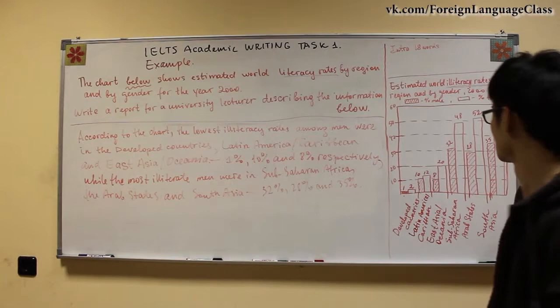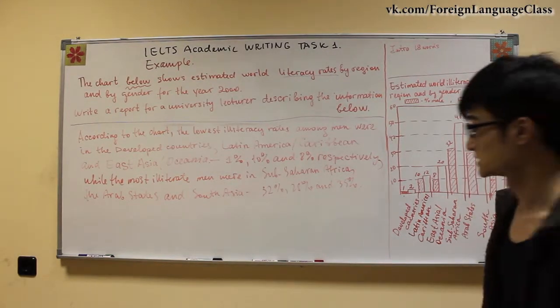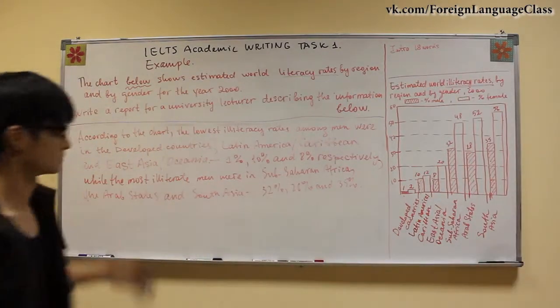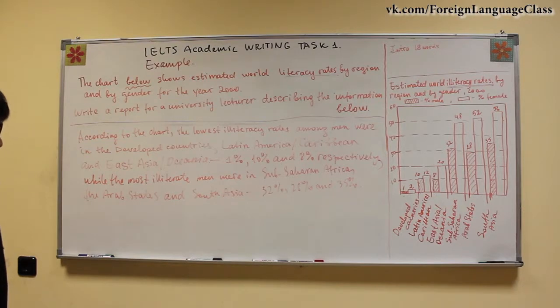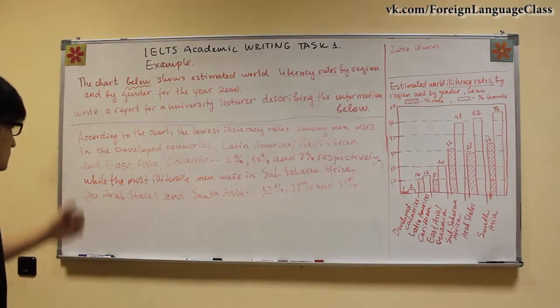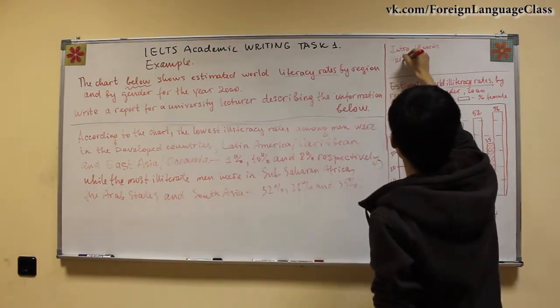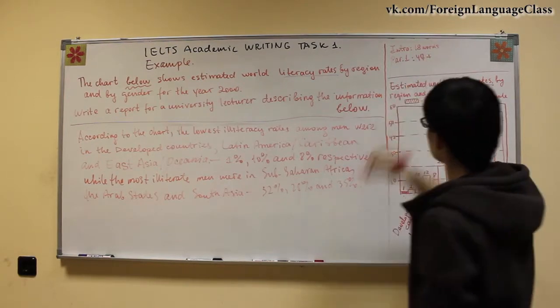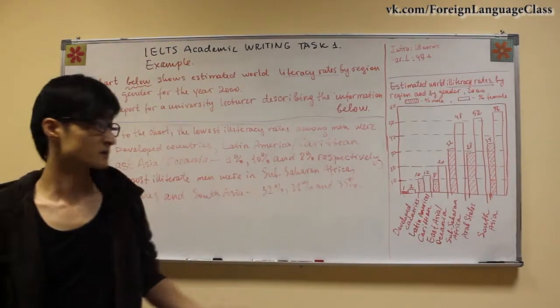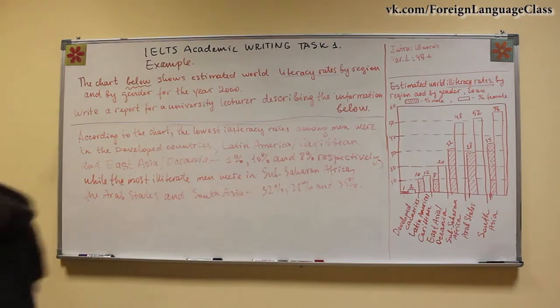That's for male illiteracy rates. Now let's count number of words and continue writing paragraph 1 as I don't have enough space here. It's 47. Paragraph 1, 47 plus something. Okay?